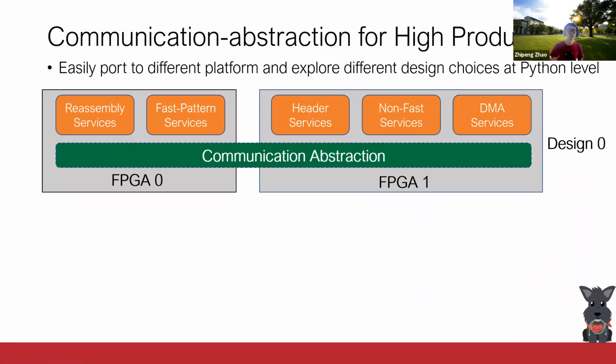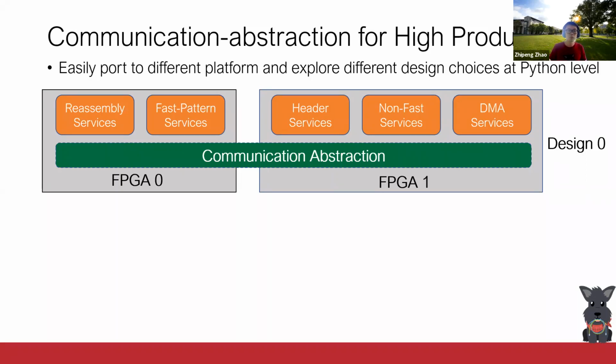Now let's take a look at the effectiveness of the communication abstraction. We argue that with this common communication abstraction, it's easy to map the same design to different platforms. And here we are targeting a multi-FPGA platform because we think multi-FPGA is going to be the trend as the network LAN rate keeps increasing and the capacity requirement keeps increasing.